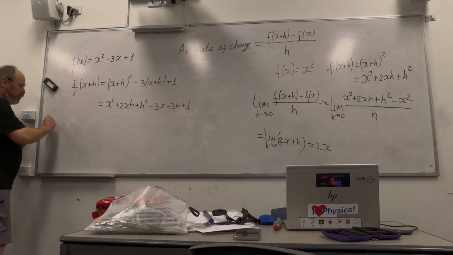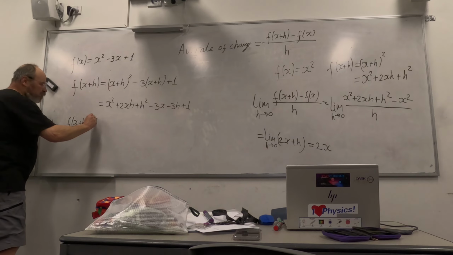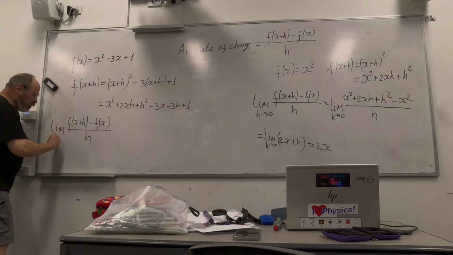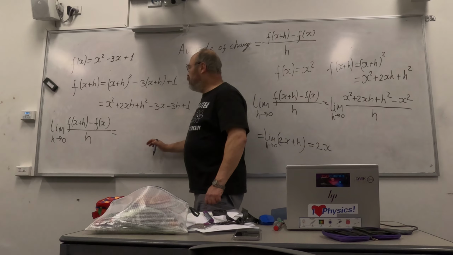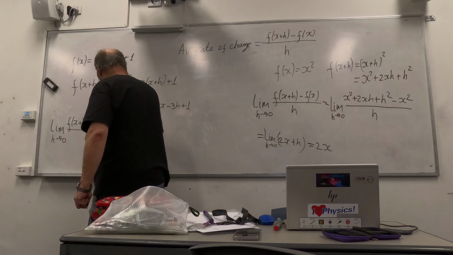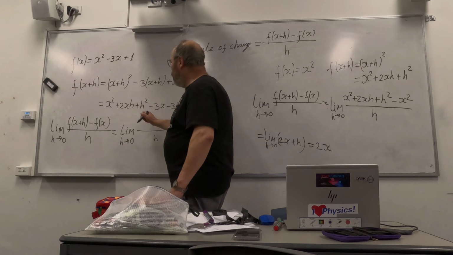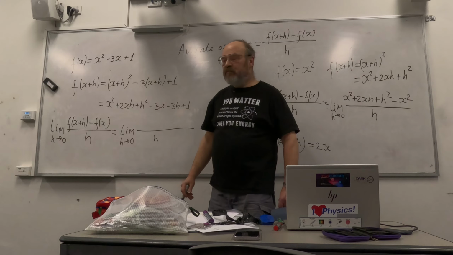Then let's find the derivative. So the limit of f of x plus h minus f of x over h when h approaches 0. So we need to subtract f of x. We have the limit when h approaches 0 of: x squared minus x squared, gone.